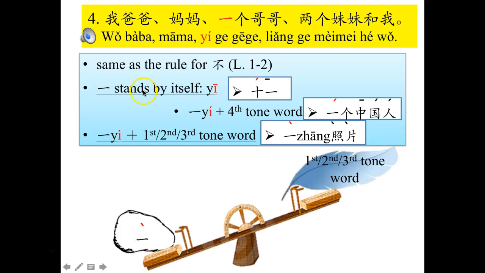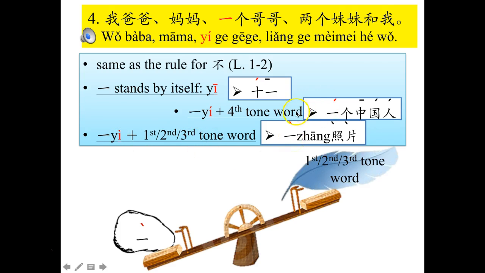Again, for counting 1, 2, 3, 4, 5, 6, 7, you use 一, 十一, they're both first tone. When 一 goes before a fourth tone word, it becomes a second tone. If 一 goes before a word that is first tone, second tone, or third tone, this 一 is a fourth tone.